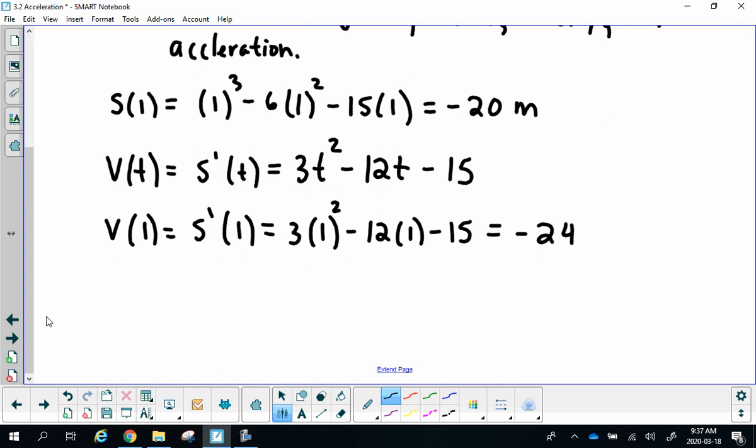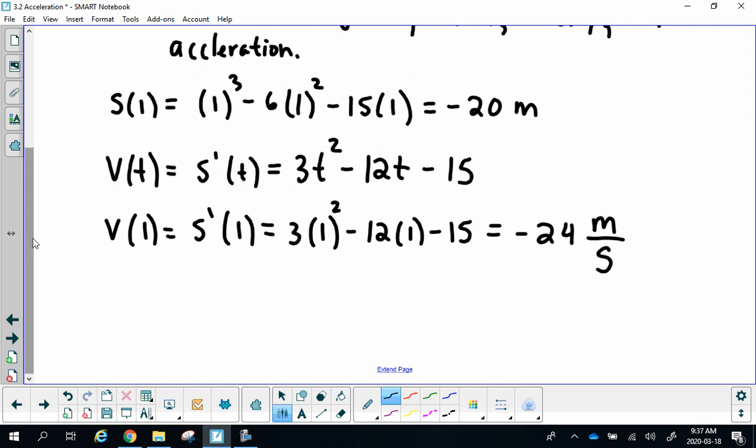And again, I'll be looking for units. So this will be meters per second, because we took the derivative in respect to time. Right? So our change is going to be in respect to time. So we're going to have seconds at the bottom right there. And so that means that we're moving towards the left at that speed.